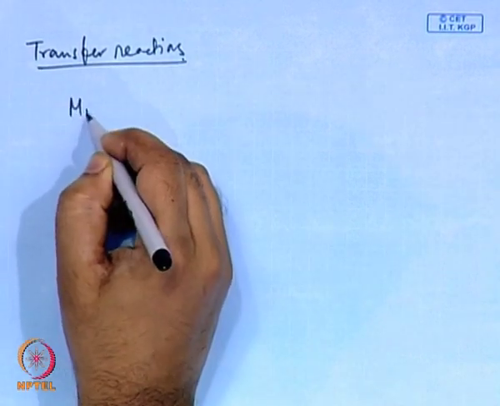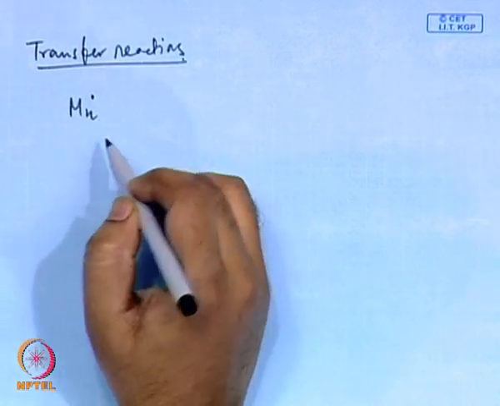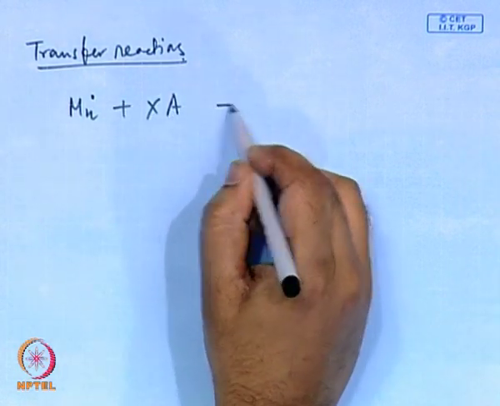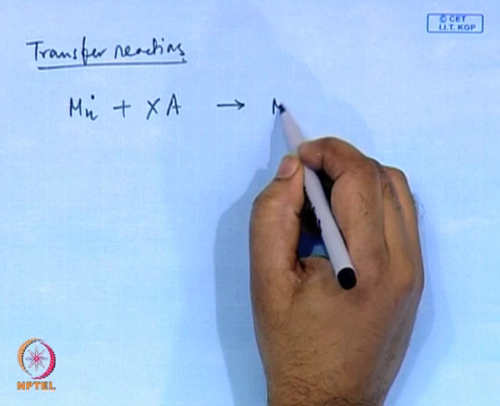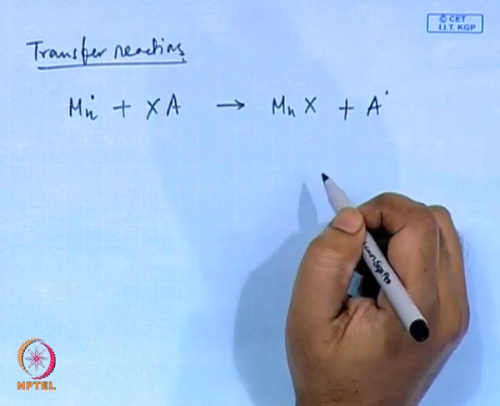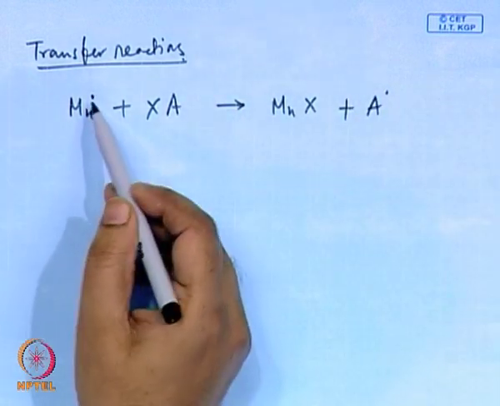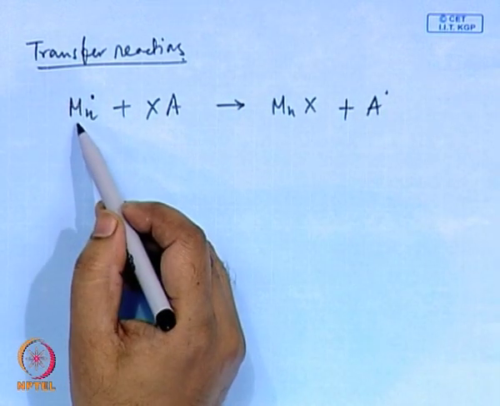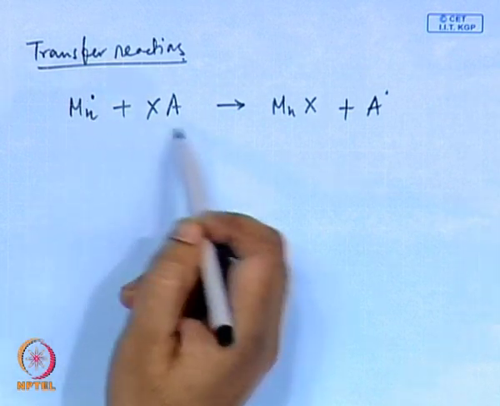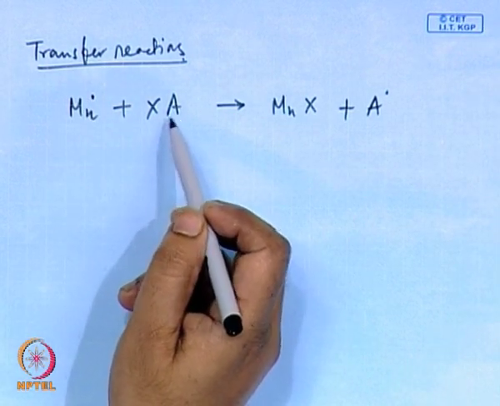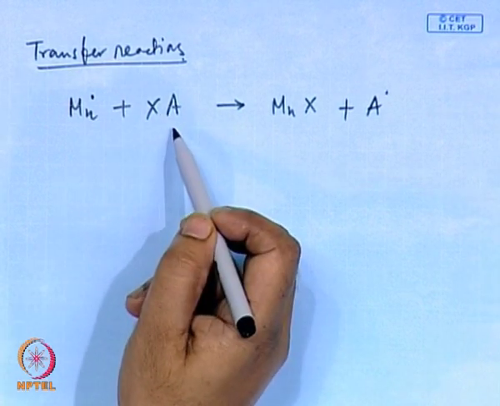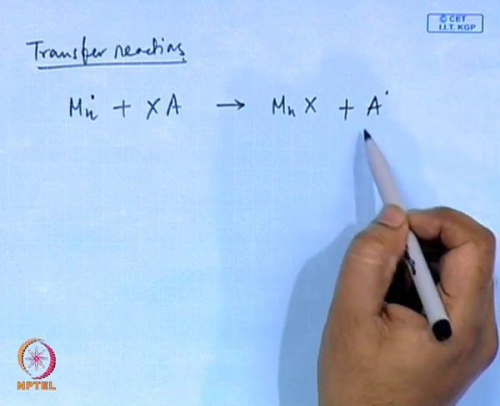So, if I have a propagating radical Mn dot, it can react with a third molecule XA and form Mn X plus A dot. So, here one kinetic chain which was supposed to continue is getting broken by reacting with XA and forming a new radical.